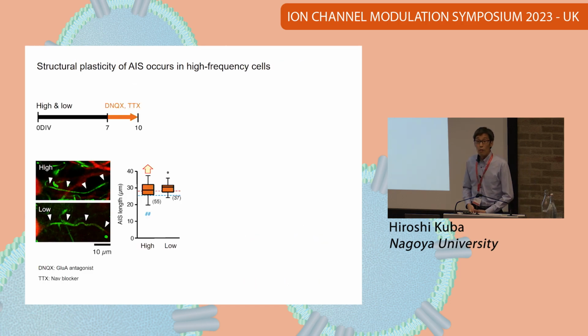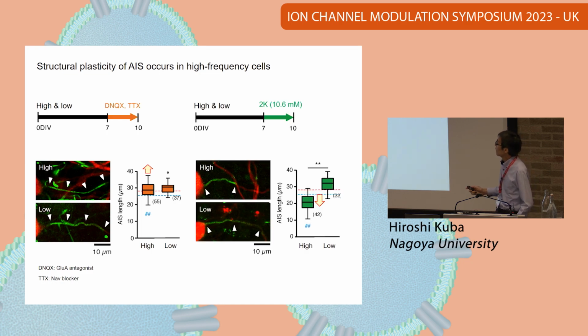More importantly, when we blocked the spontaneous activity by DNQX and TTX, it elongated the AIS in high-frequency cells and disrupted the tonotopic difference of AIS length. In addition, when we depolarized the membrane by increasing extracellular potassium concentration to about 10 millimolar, it caused a robust AIS shortening, again in high-frequency cells.